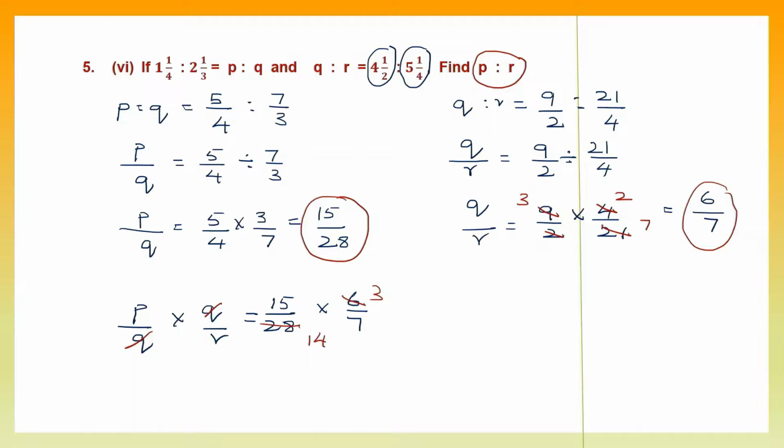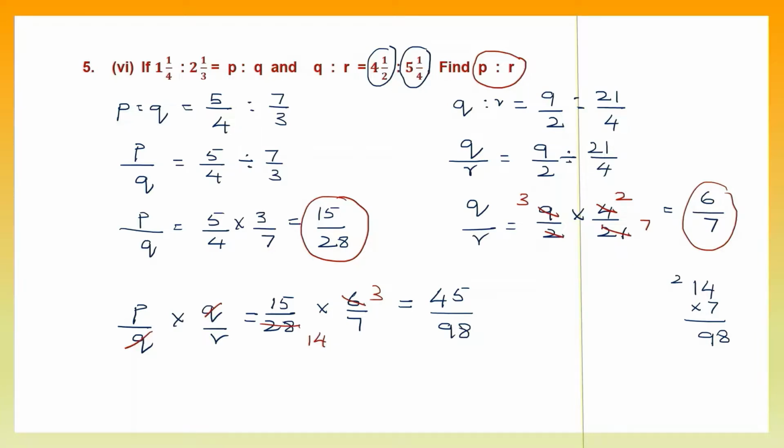Is there anything else that we can cancel? There's nothing. So let's multiply the numerators. 15 3s are 45. Now here I must multiply 14 into 7. 7 4s are 28, carry 2. 7 1s are 7, 8, 9. So I have 98 here.